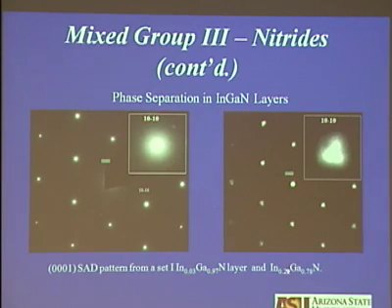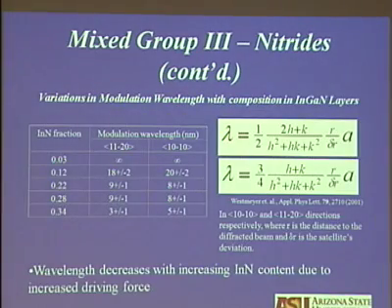You go to 12%, 22% in this case, and the spots are no longer spherical; they have satellites. And as I said earlier, from the position of the satellites you can determine the wavelength of the modulation in these materials. We have done these studies over a range of composition. Luckily, we have a growth system ourselves. Otherwise, it's very difficult to do these studies.